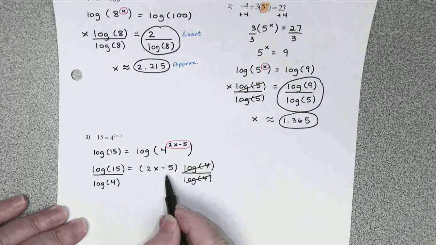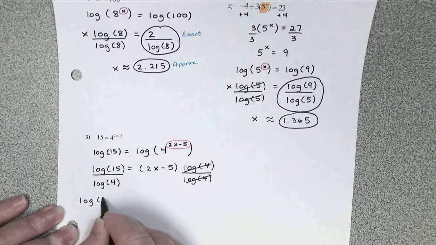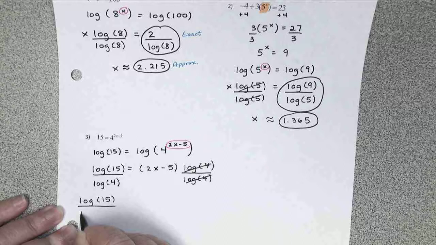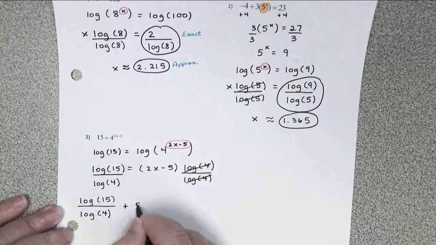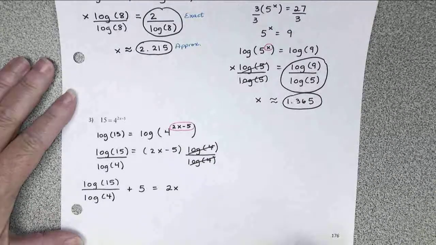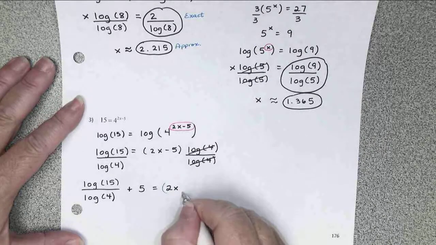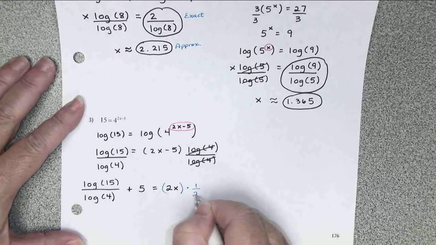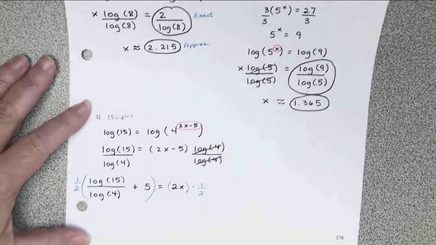And I'm going to start working at getting the x by itself. I'm going to add the 5, so I'm going to bring that over. And then I have to divide by 2. Dividing by 2 is the same as multiplying by a half. And it might actually look a little easier algebraically if I write it as times 1/2 this time.